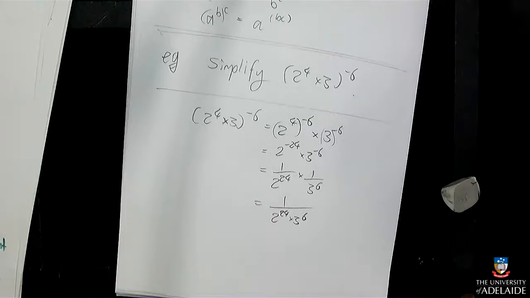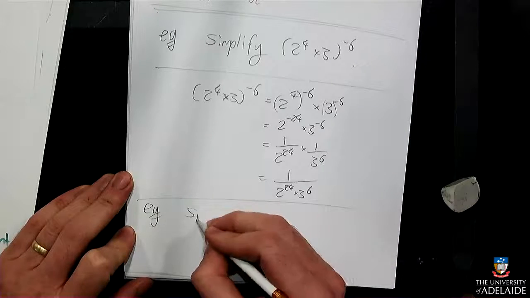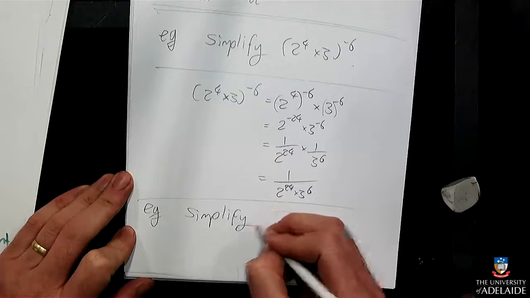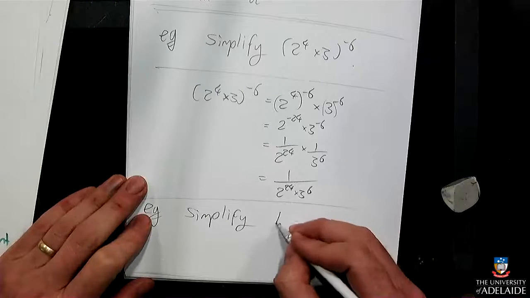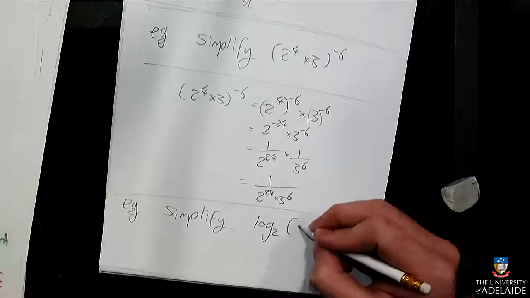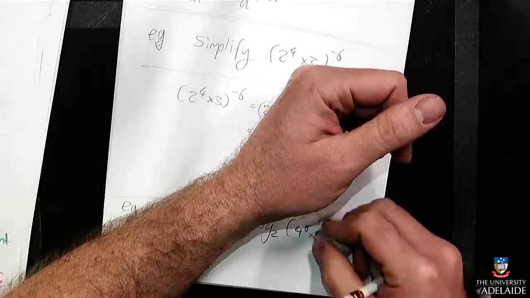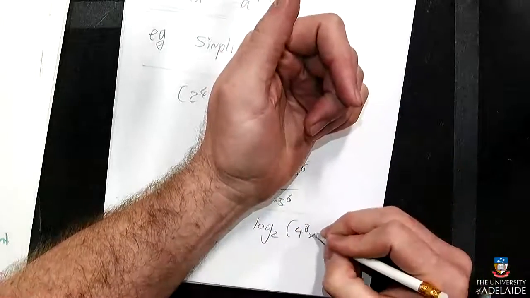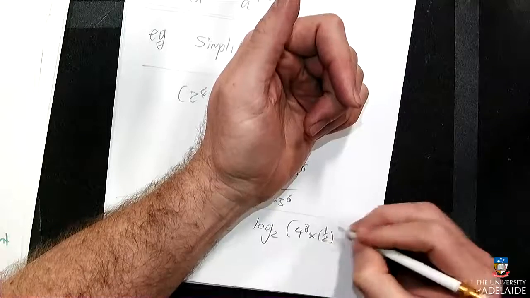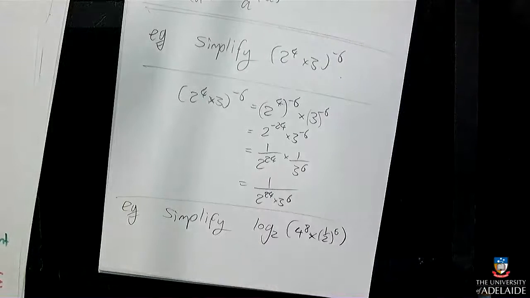So we could do some simplifying with logs too. Log base 2 of 4 to the power of 8 times half to the power of 6.